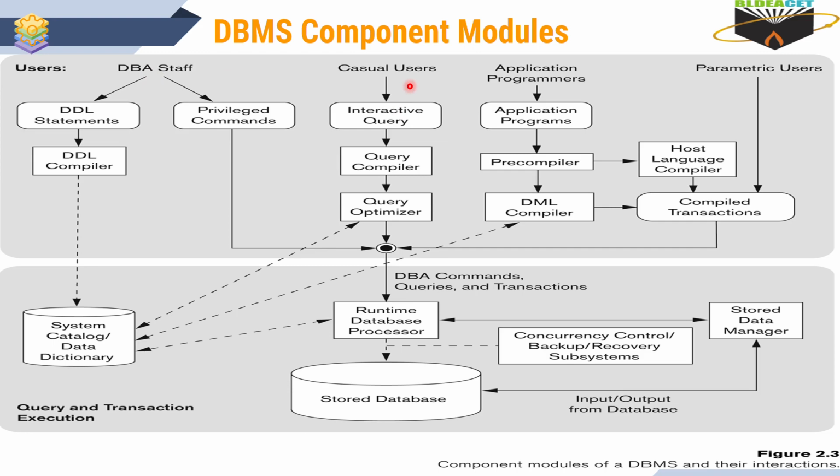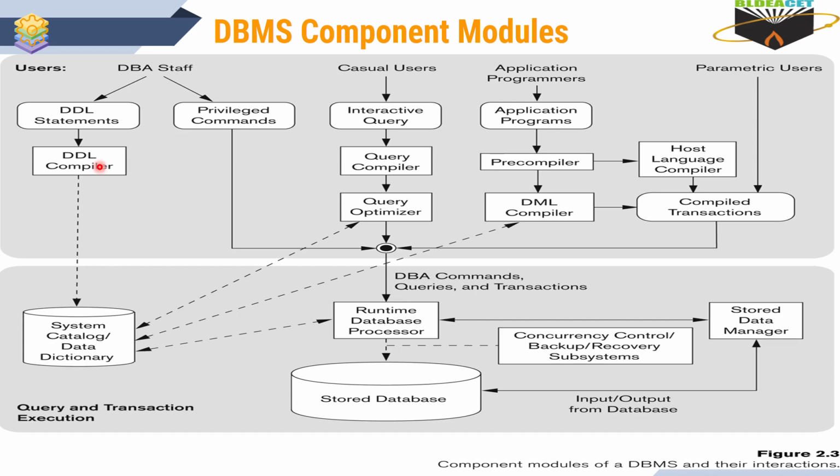In the upper part, the different types of users are DBA staff, casual users, application programmers, and parametric users. First we'll see the interfaces of the DBA. DBA means database administrator staff. The database administrator staff uses DDL statements to define the database and also tunes it by making changes in the defined database. The defined database is compiled using the DDL compiler.